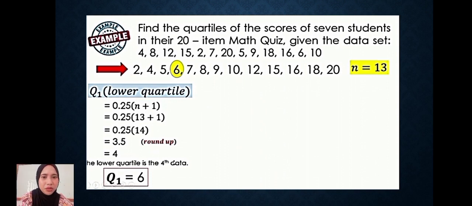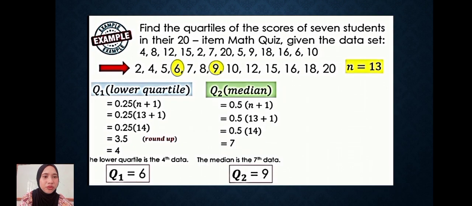So, now we will proceed to how do we get the Q2 or the median of our data. Ang median is simply multiply by 0.5 the quantity n plus 1. Same process. Then we have 13 plus 1 is equal to 14 multiplied by 0.5 is equal to 7.